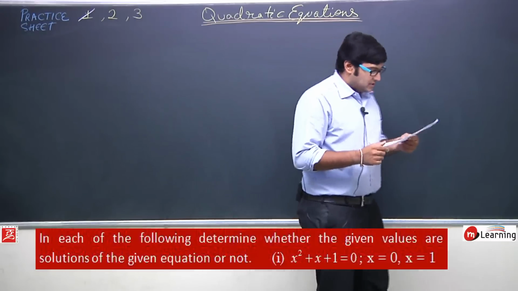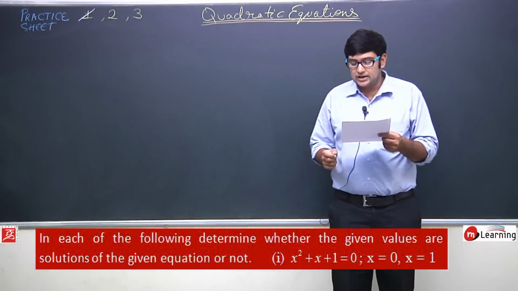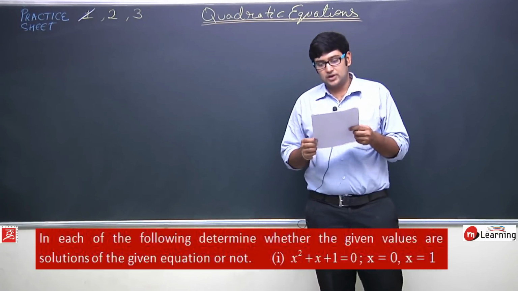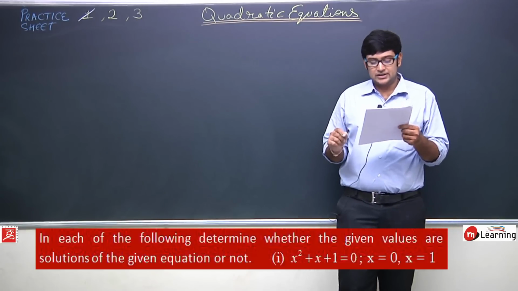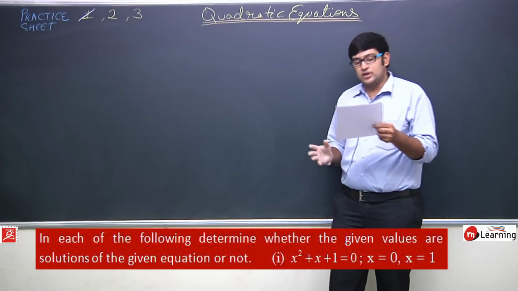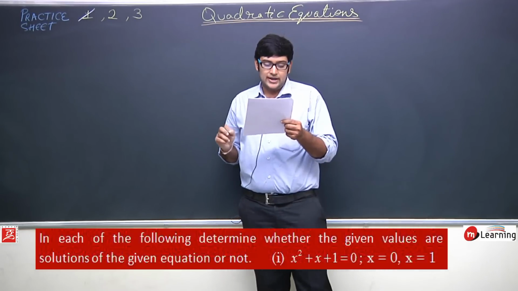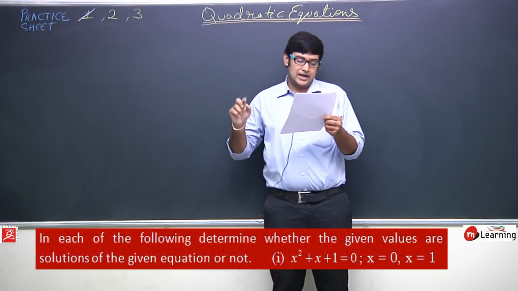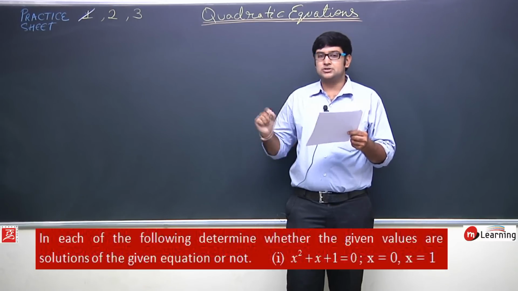Okay. Now let us solve the second question of the practice sheet. The second question says, in each of the following, determine whether the given values are solutions of the given equation or not. In the first expression, it is given x square plus x plus 1 is equals to 0, semicolon, x is equals to 0 comma x is equals to 1.